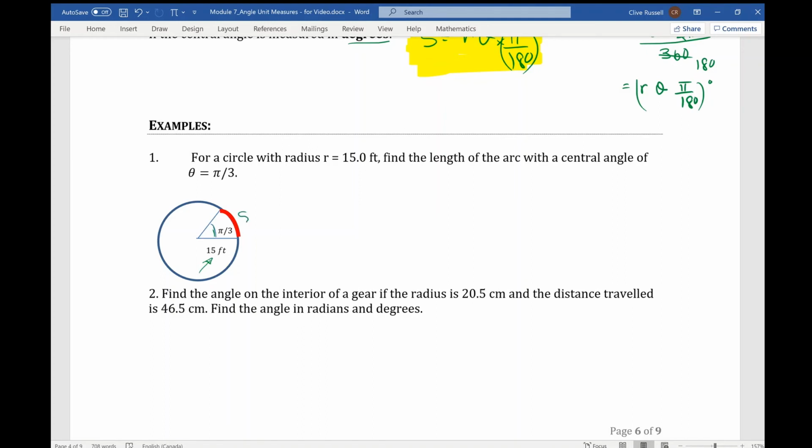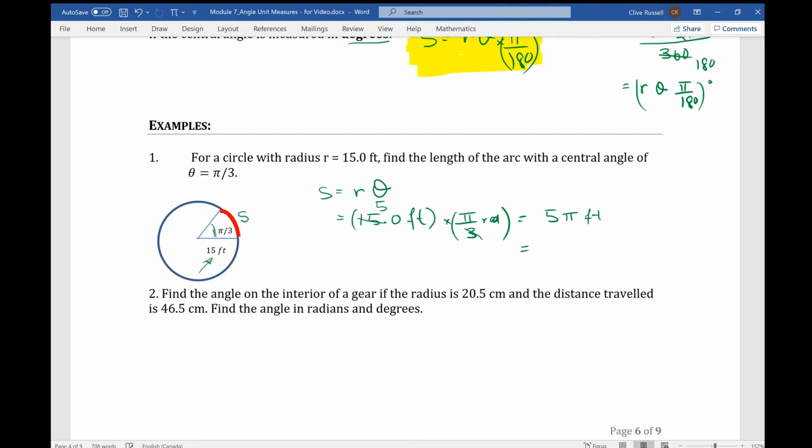So let's call the arc length S. We know that S is equal to r times theta, where theta is in radians. Now we have both. We know that r is 15.0 feet, and we multiply that by theta, which is just pi by 3 radians. Now 3 into 15 goes 5. So the answer is just going to be 5 pi feet.